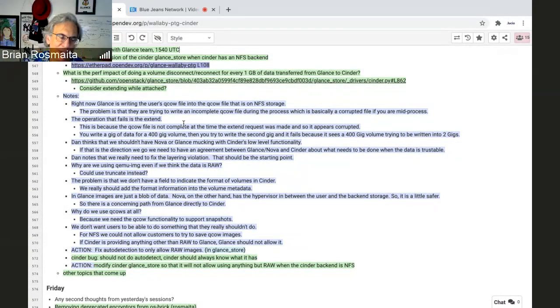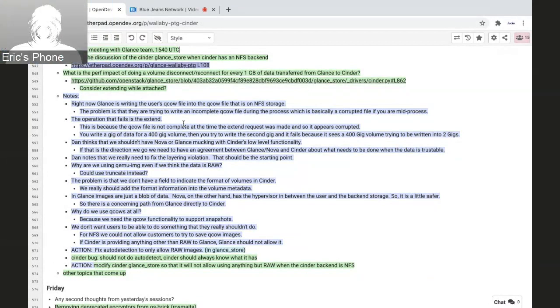So you're saying maybe it does support online extend now? I think the driver has it turned off. The question is whether we could turn it back on. I would assume the answer is yes if we try hard enough and do it right, but I don't think anyone's looked at it.